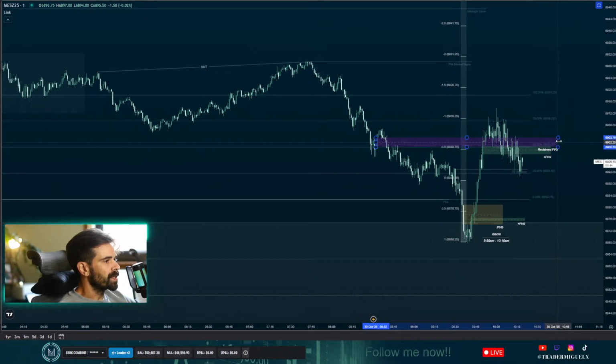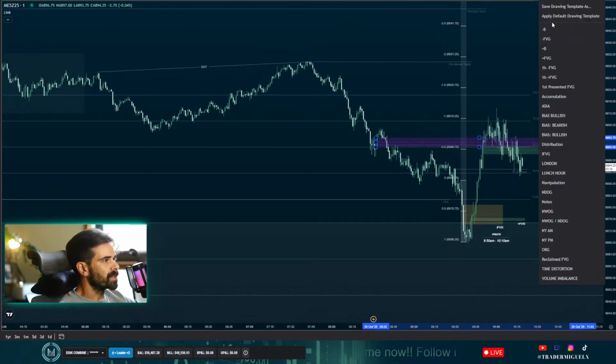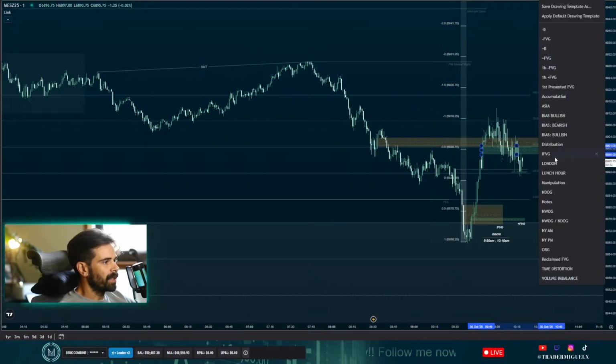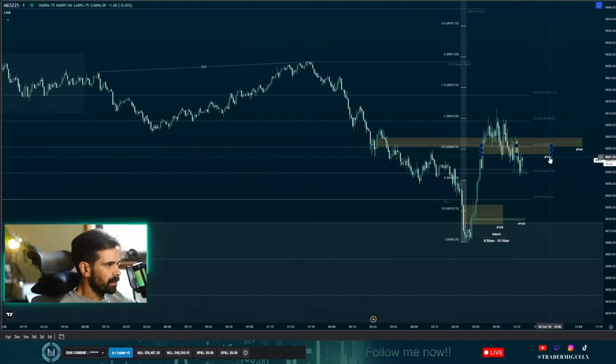Yeah, this was a failed attempt to reclaim this bullish fair value gap. So this is still an inverted fair value gap. This is also an inverted fair value gap. So all these inversions are happening at the midpoint of the daily wick.